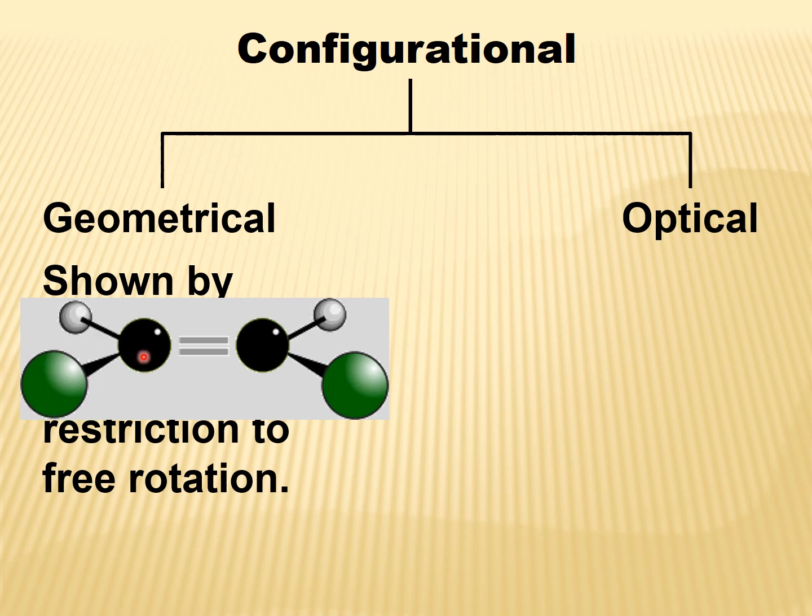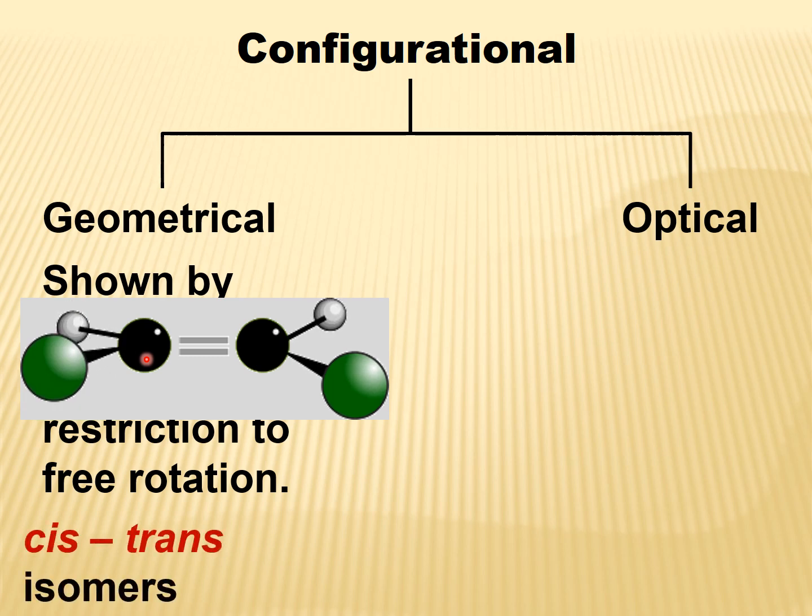So that is what is meant by restriction to free rotation. Compounds showing restriction to free rotation generally show geometrical isomers. Another name for geometrical isomers is cis-trans isomers.